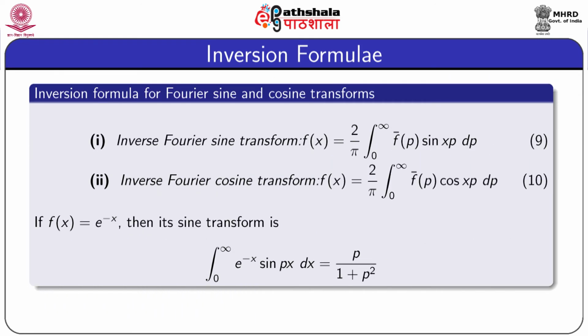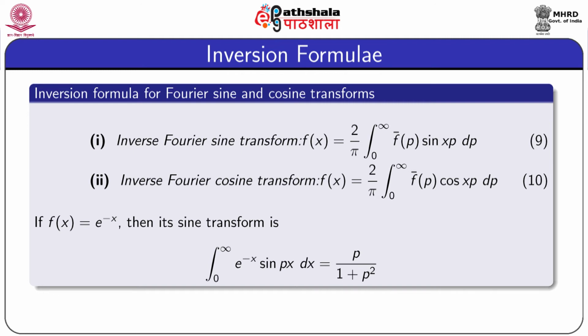The inverse formulas for the Fourier sine and cosine transforms are defined as follows. The inverse Fourier sine transform is f(x) equals 2 by pi integration 0 to infinity f bar p sine x p dp, and the inverse Fourier cosine transform is f(x) equals 2 by pi integration 0 to infinity f bar p cos x p dp.